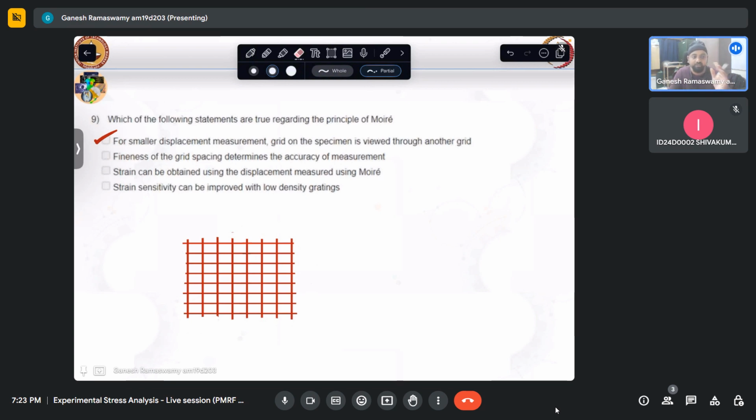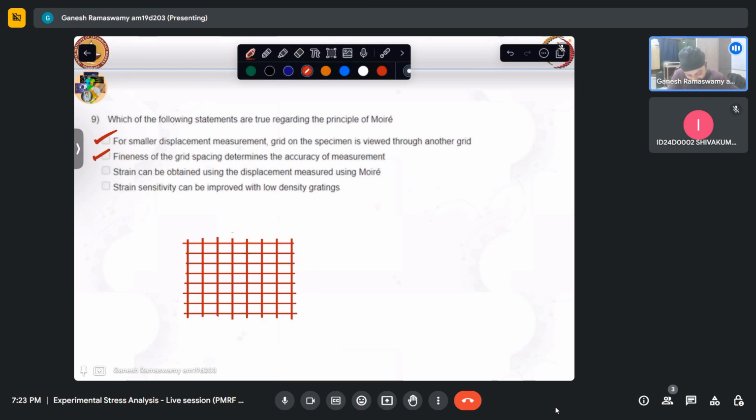In geometric moire, there is a certain threshold, that in 1 mm you will have so many fine lines in the gratings. Whereas when we go to moire interferometry, it has reached even above 100 to 1000 lines in very sophisticated technologies, which make that grating. So it can measure at least that displacement. Essentially, its accuracy and precision increase as we increase the fineness.